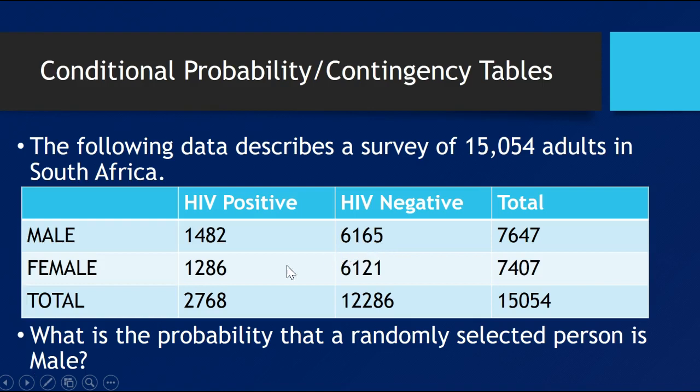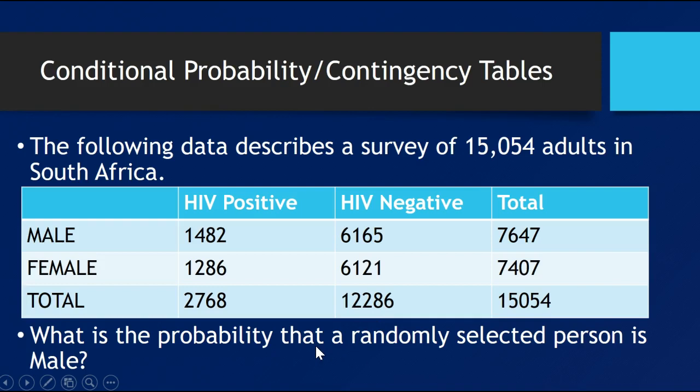And the females: 1,286 tested positive for HIV, 6,121 tested negative for HIV. You can see the total number of females there. And then here we can see the total number of people who tested positive for HIV and the total number who tested negative.